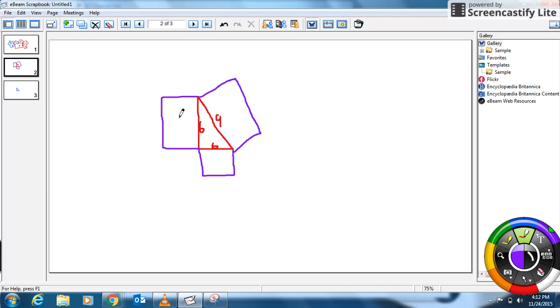What would the area off of this side length be? Well, if one side is 6, we know 6 times 6 is 36. Same thing over here, 36. So if I take the area of the two smallest squares, 36 plus 36 is equal to 72. So if this is a right triangle, this area here should equal 72.